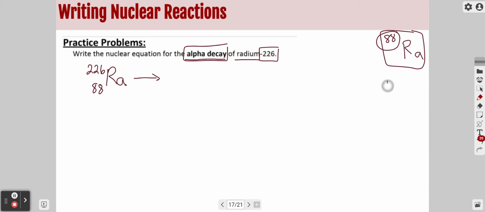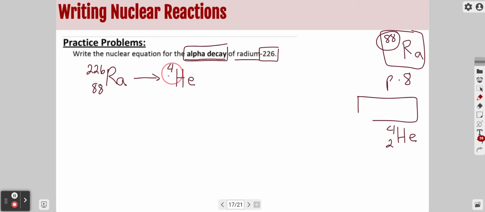Look at the top of page 8, and you will see a chart with all the subatomic particles and radiation. You will see that an alpha particle is basically a helium atom. So if we're going through alpha decay, that means a helium atom is being created. And it only says it's alpha decay, so nothing else is being created.